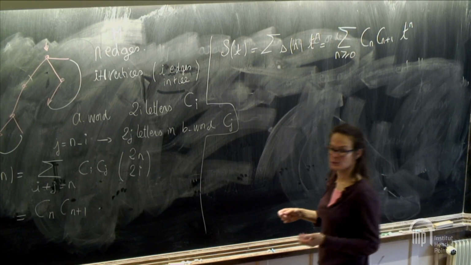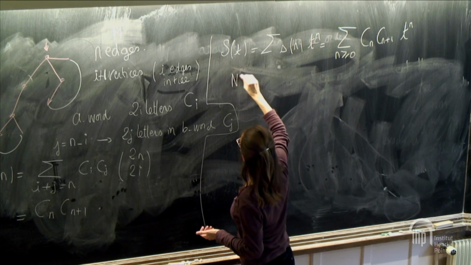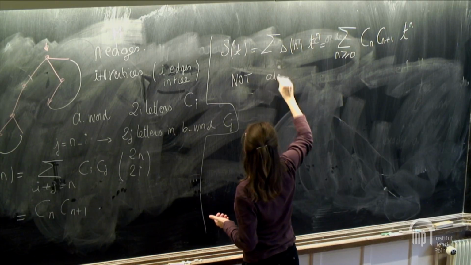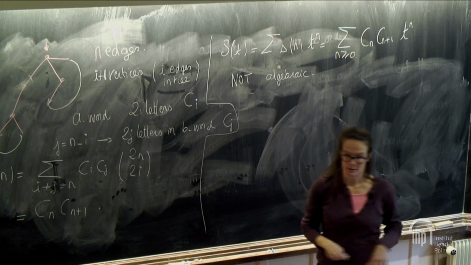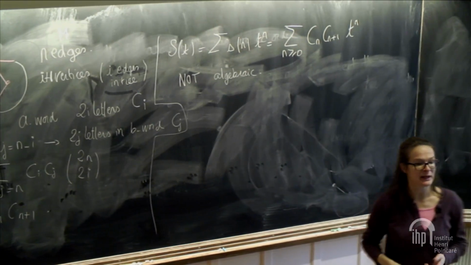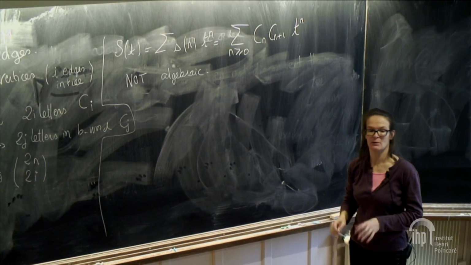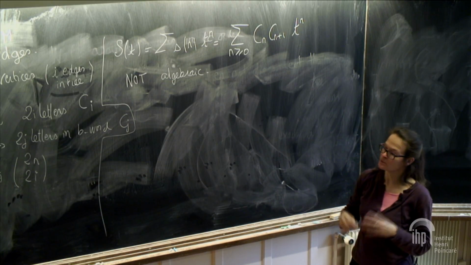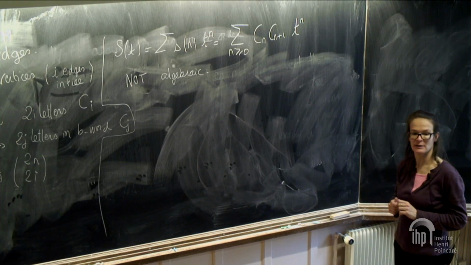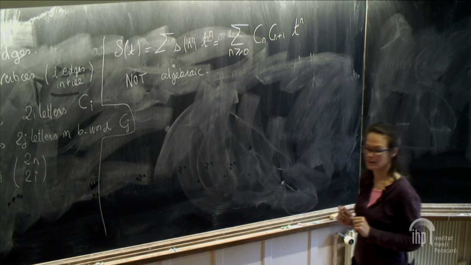And so it's a simple series with nice coefficients, but it's not an algebraic series. I insisted on the fact that when we were counting maps with no structure, we were very often, almost always, in the world of algebraic series. This is no longer the case here.